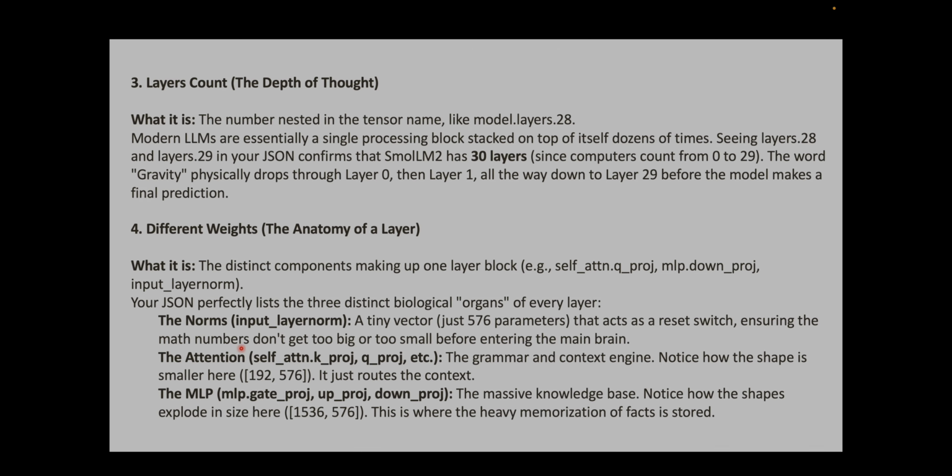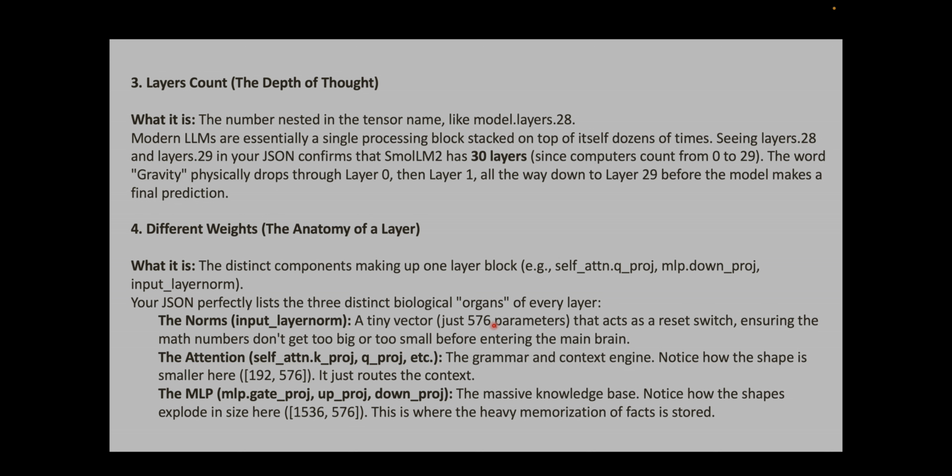Then the different weights, the anatomy of a layer. What it is: the distinct components making up one layer block. Example: attention Q proj, MLP down proj, input layer norm. Your JSON perfectly lists the 3 distinct biological organs of every layer: the norms, the attention, and the MLP. What are norms?